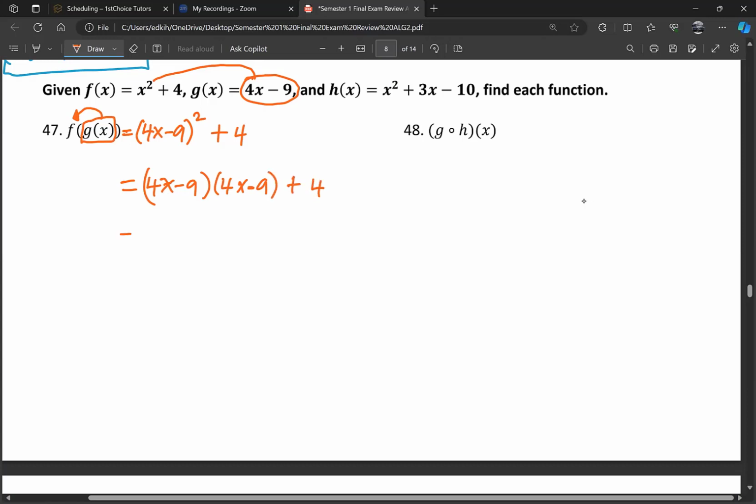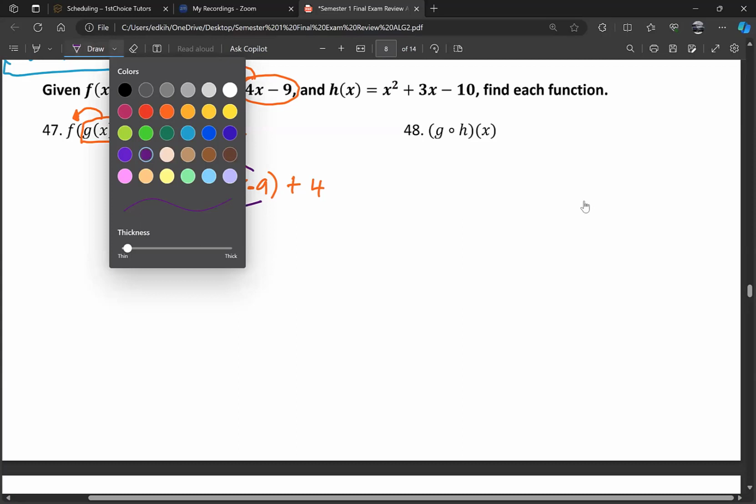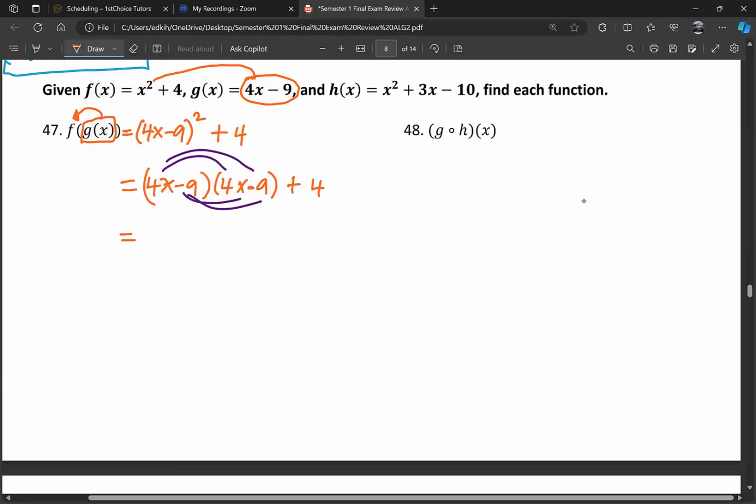And then we're going to FOIL it out. So when you FOIL this out, you will have this times this, this times this. I'm trusting you guys remember how to FOIL, but that's going to be 16x to the second minus 36x minus 36x. So that's going to be a minus 72x plus 81.